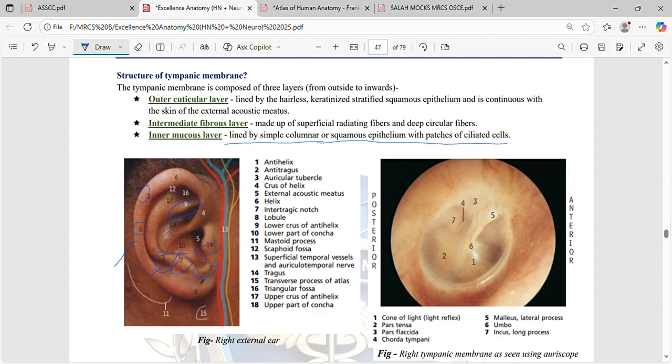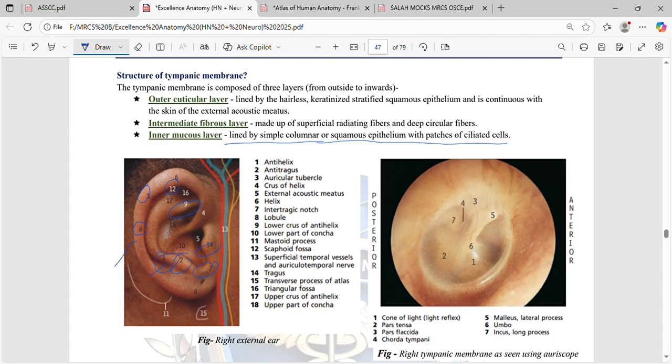So 9 is the lower crus of the antihelix, and 11 is the mastoid process, and 12 is the scaphoid fossa.